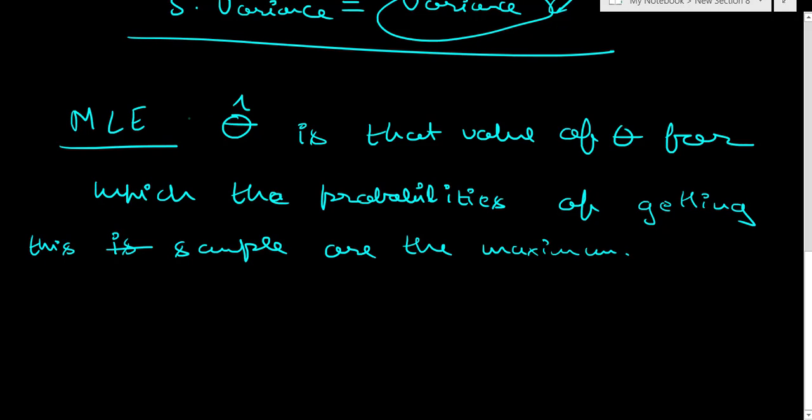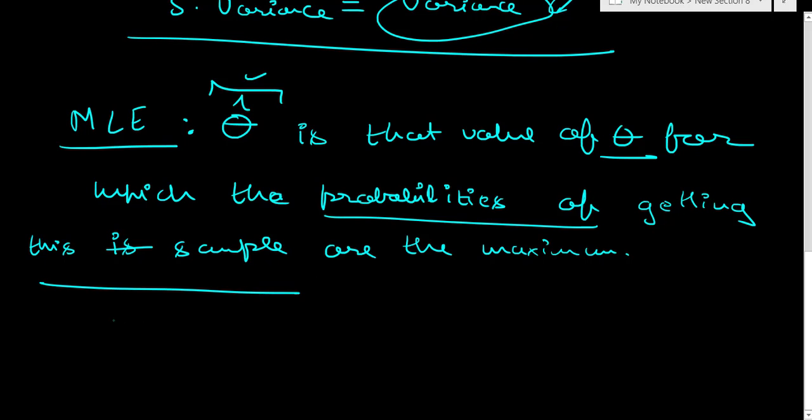So what MLE is saying is that theta hat is that value of theta for which the probability of getting this particular sample x1 going up to xn is the maximum. This makes it the most likely sample that would come out of this random variable x.